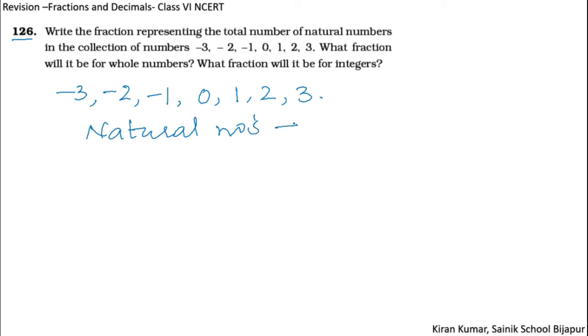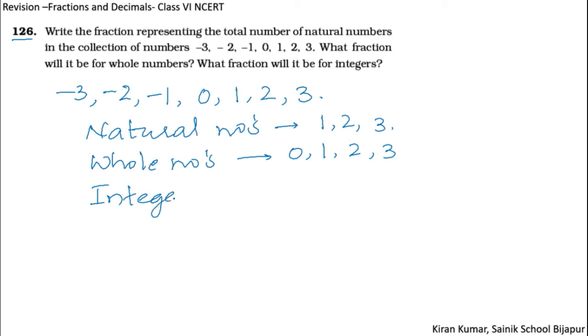Here the natural numbers are 1, 2 and 3. I'll represent the whole numbers among these numbers 0, 1, 2, 3, and the integers are right from the negative numbers. They are all integers. We have -3, -2, -1, 0, 1, 2, 3.